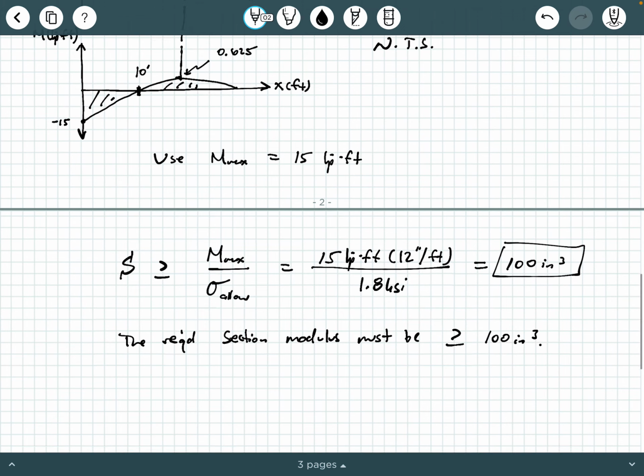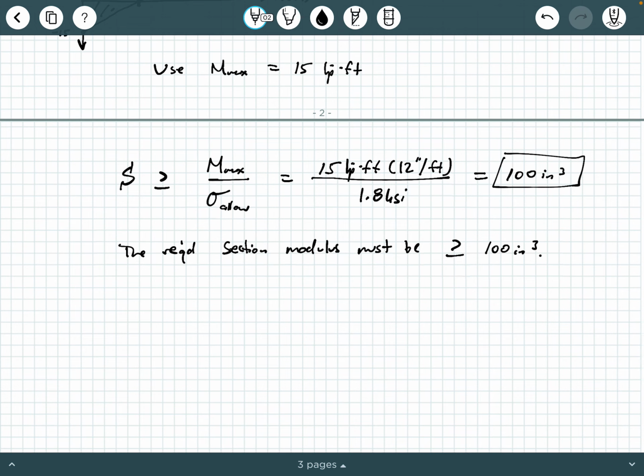So this is kind of like an introductory type of design problem. If you were designing this section, this is kind of the process you would go through to calculate the cross-section property. And then what you could do is select a cross-section geometry with a section modulus that's bigger than or equal to 100 cubic inches.